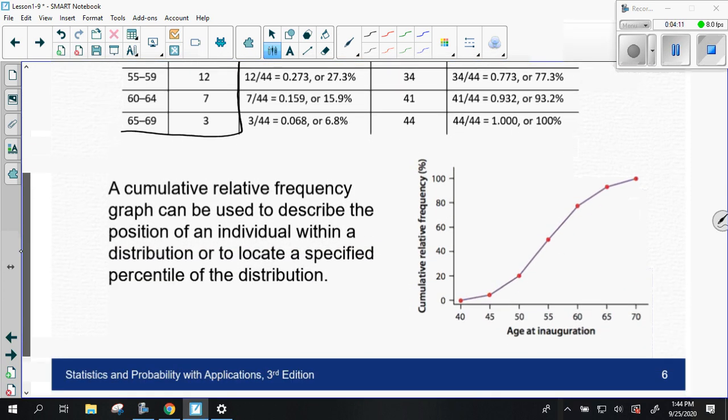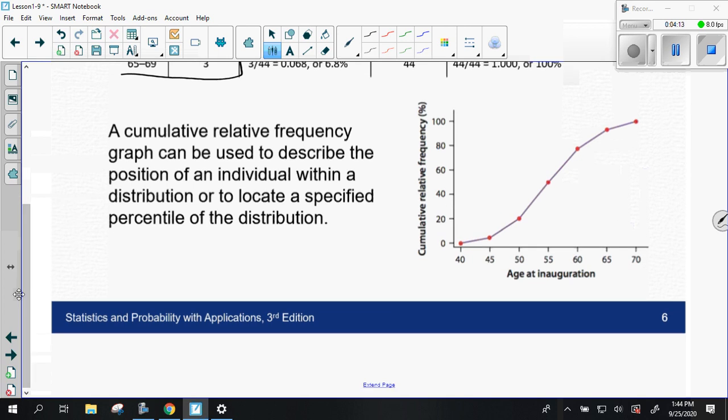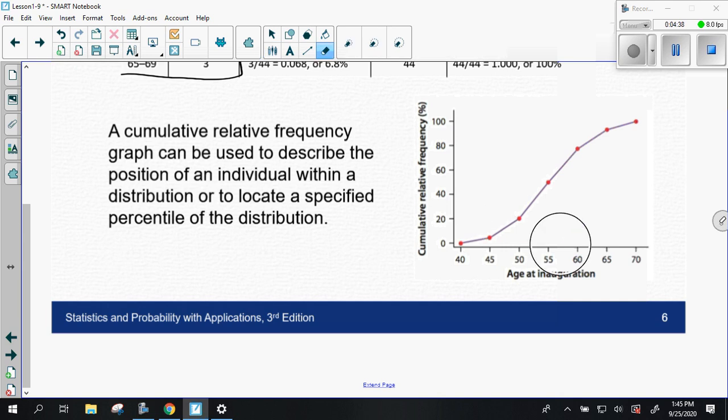You don't need to know how to make one of these. What you need to know is how to read one of these. So for instance, if I wanted to know what age at inauguration would be at the 50th percentile, I could just go over here to the 50th percentile right here.